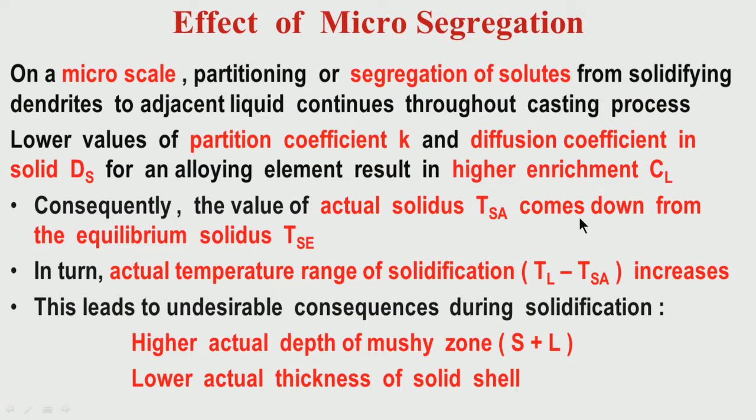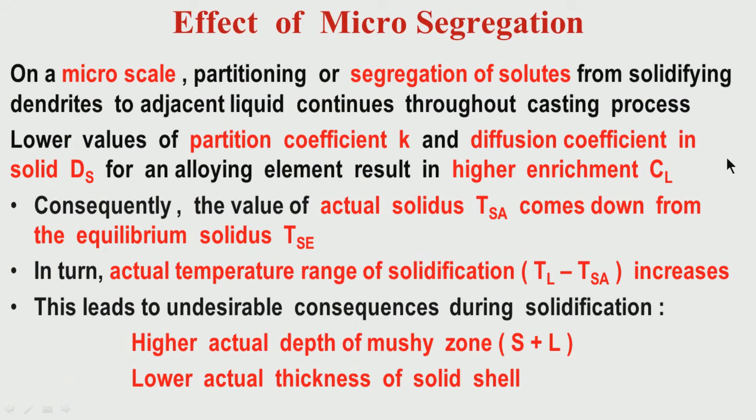So, please try to remember the two important implications. First, during solidification, segregation is taking place. On a micro scale, this partitioning of solutes is segregating from where? From the solidifying dendrite to adjacent liquid. This takes place throughout the solidification process.